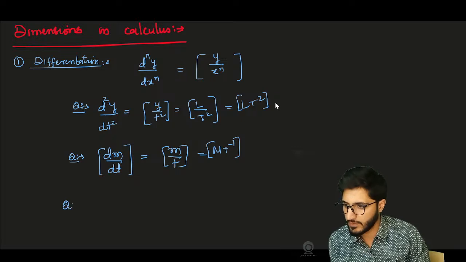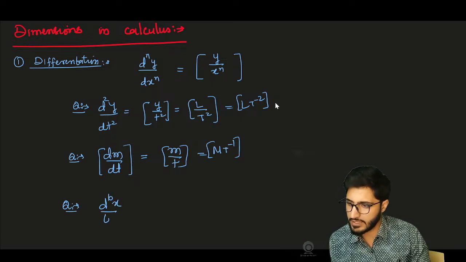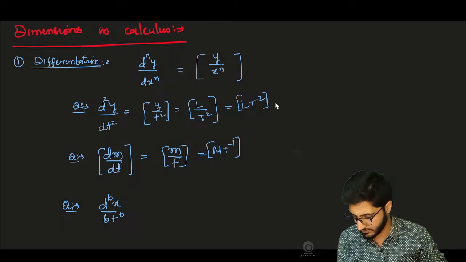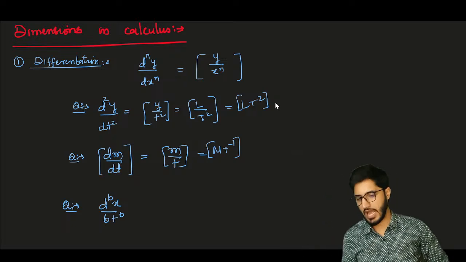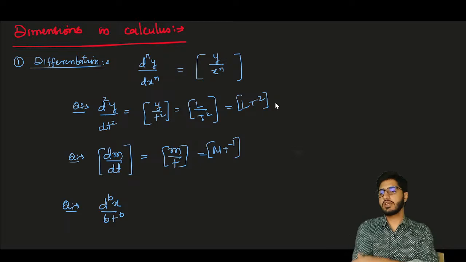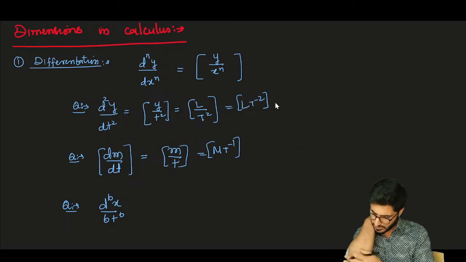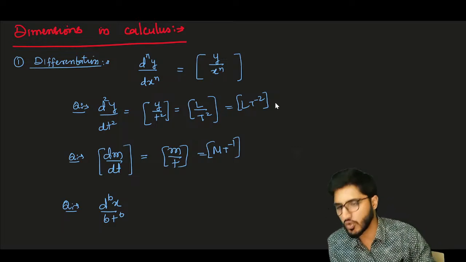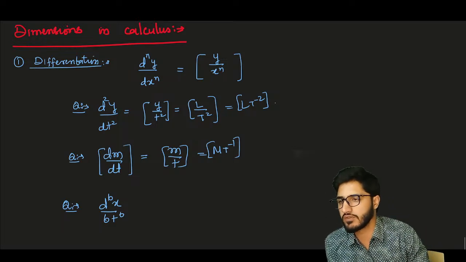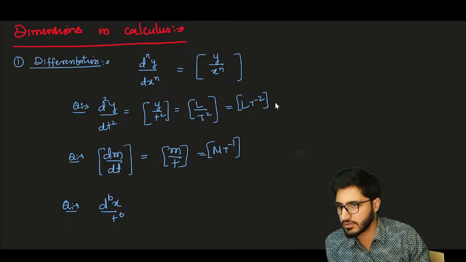One more. If we have d6x by dt6, I will do it now. In the application part, it will take 2 minutes, and we can do that portion as well.